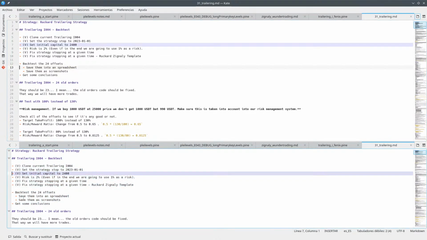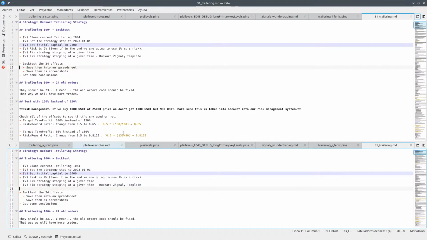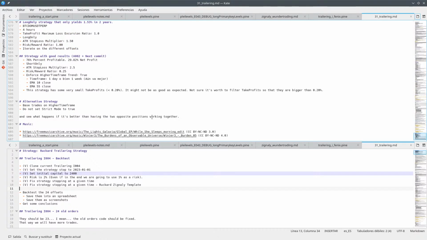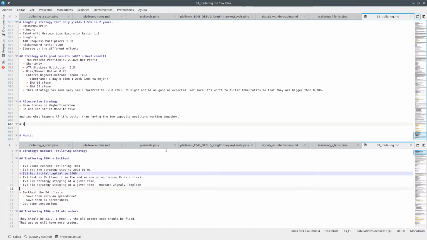So let's write down what we want to do here before doing anything else, and probably we should start at the very end and forget about everything else. So let's see, today is 20.